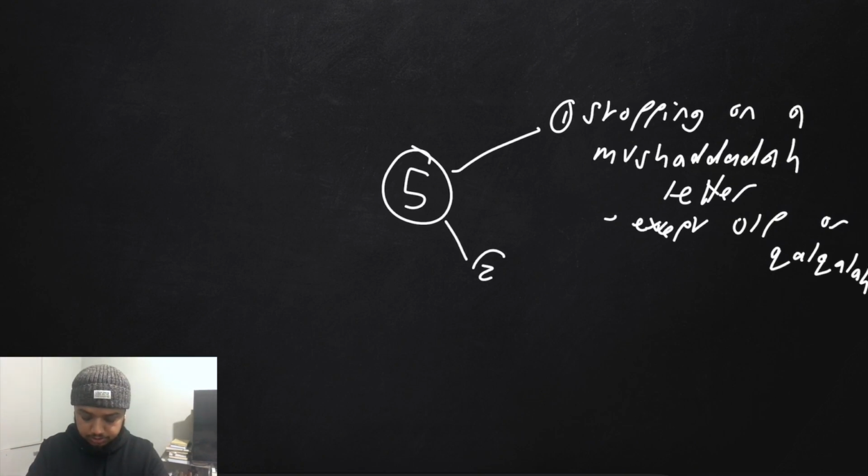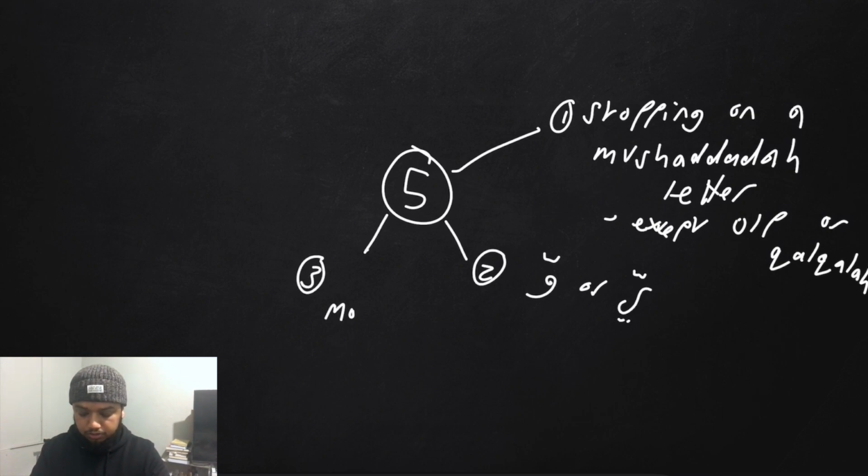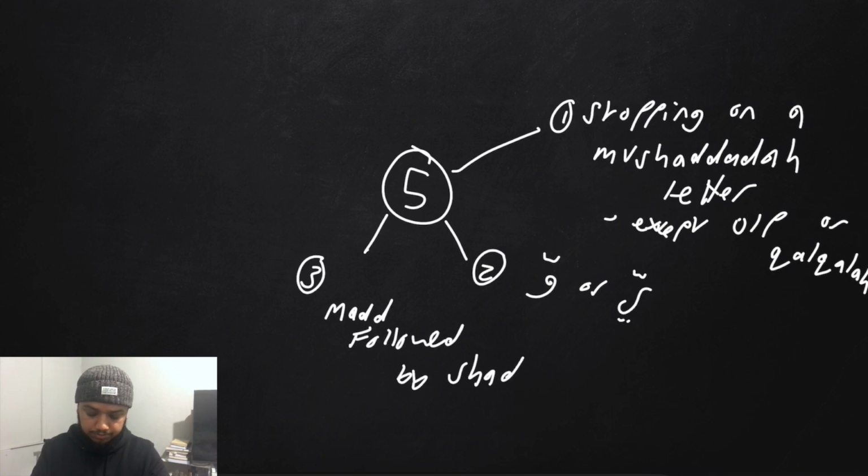The second instance is when reciting a waw or a ya with a shadda on it. This is in order to avoid doing mad and to make it clear that the waw or ya has a shadda on it. The third example is whenever we have mad followed by shadda. So mad lazim kalimi muthaqqal.